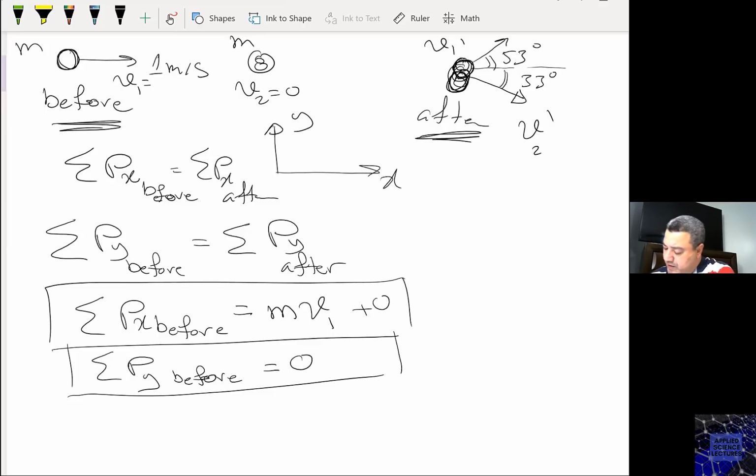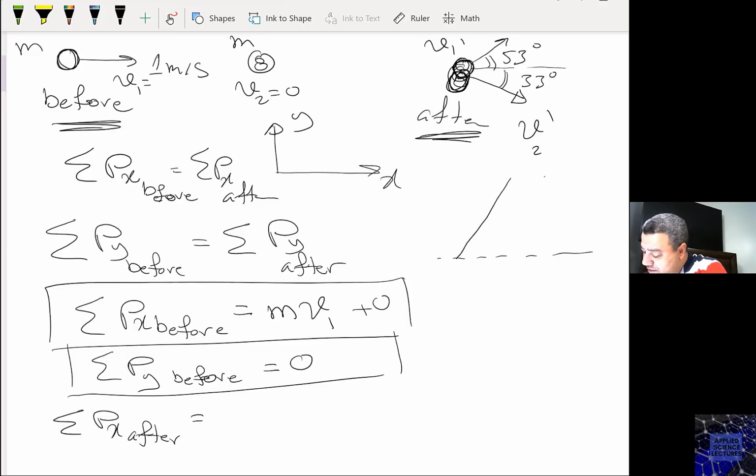Now let's work on the after cases. The sigma px after equals what? Let's zoom in here and just focus on those two vectors. The first vector is going this way, right? This is 53 degrees.